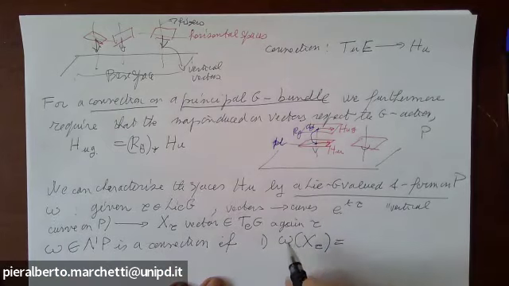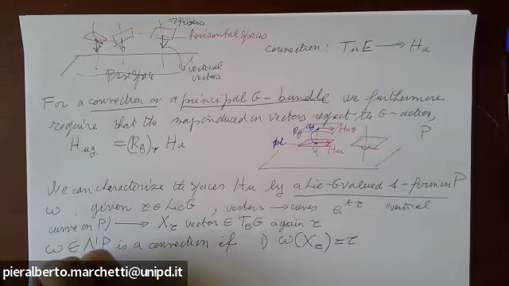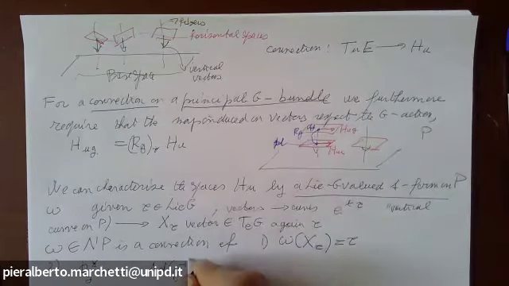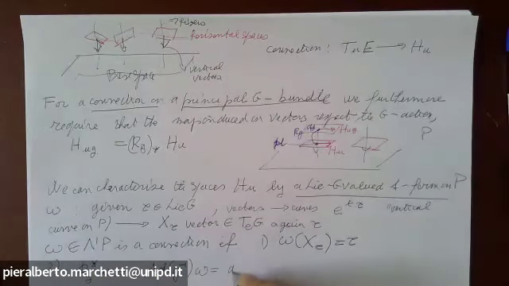This is a form acting on a vector, which in the usual case would give me just some real number, but because it is Lie G valued, it will give an element of the Lie algebra of G. And you want that this element is precisely tau. The second property is that the pullback of omega due to the action of the group G is nothing but the adjoint action of the inverse of G acting on omega.